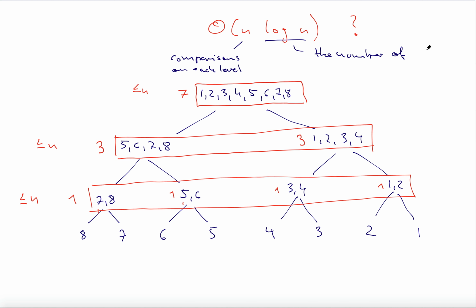It's the phenomenon you always have if you organize your data in this kind of binary tree form. You can also see this if you crunch the numbers here: what is the binary logarithm of 8? It's 3, and you see that we have exactly 3 levels here.